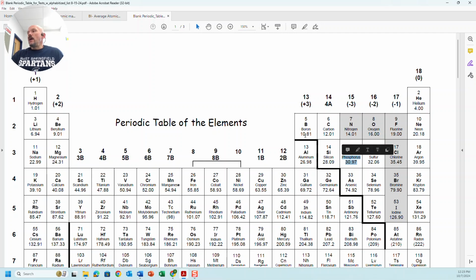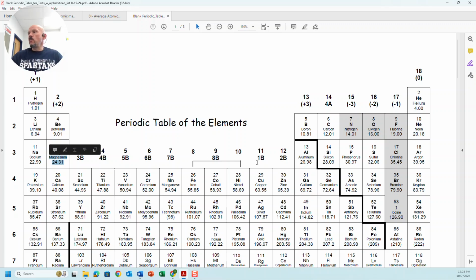Boron has an average atomic mass of 10.81. That means its probably most abundant isotope is boron 11. But that's assuming that we don't know what the isotopes are. If we know what the isotopes are, then we can go to the number on the periodic table and figure out which number this mass is closer to, and that would end up being the most abundant isotope, because a weighted average is going to be closer to the number that's weighted more, that has a higher percentage.